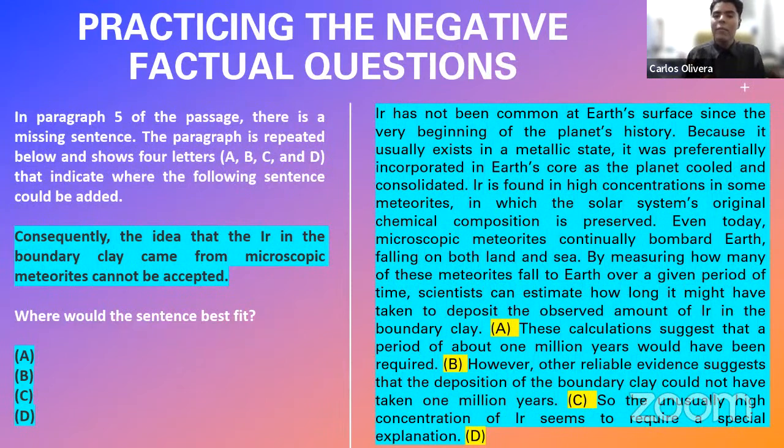It is eliminating that possibility. Okay, this sentence is basically the final verdict, saying, okay, this is not the correct hypothesis. Therefore, our sentence would fit very well there, because what does our sentence do? Our sentence basically says, consequently, the idea that air in the boundary clay came from microscopic meteorites cannot be accepted.